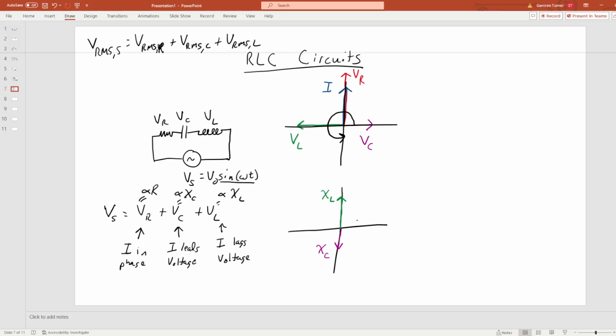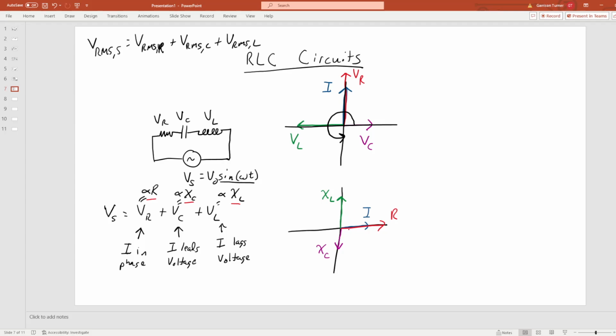So our current is here, and our resistor is here. Okay. So I'm just using these relations to transform this phasor diagram from voltages and current into reactances and resistances and current.